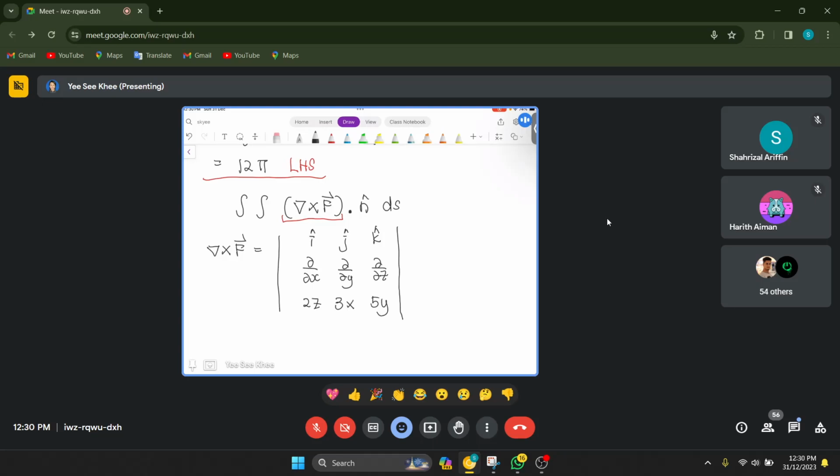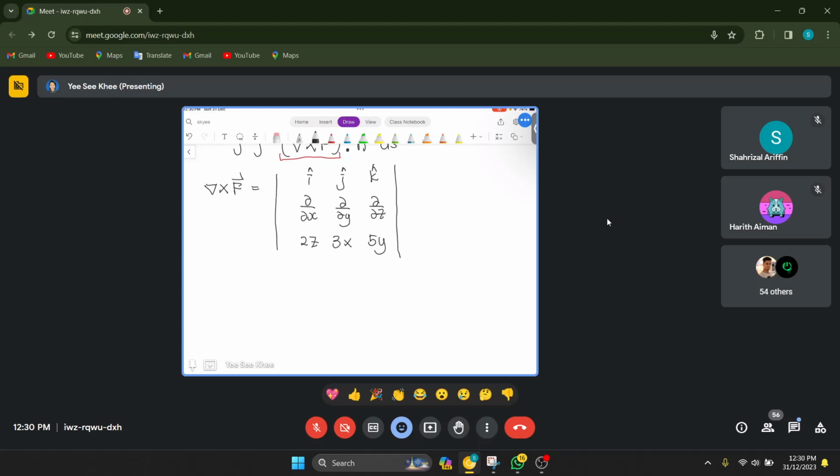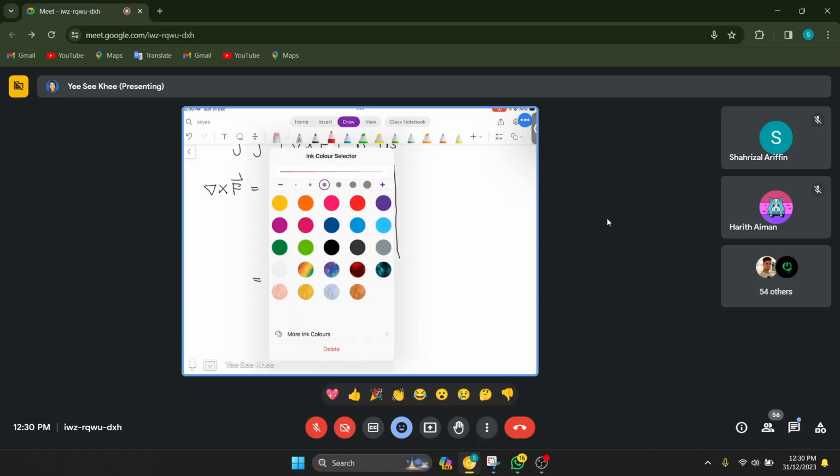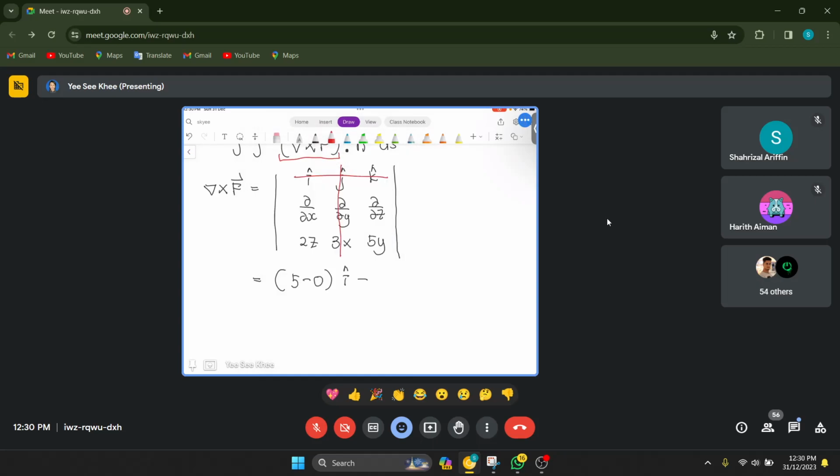Okay, so you put your f here. For the first one, let's hide this thing. So we have 5 minus 0. So this is your i component. Negative the j component. For the j, you hide this second column. So it will be 0 minus 2.